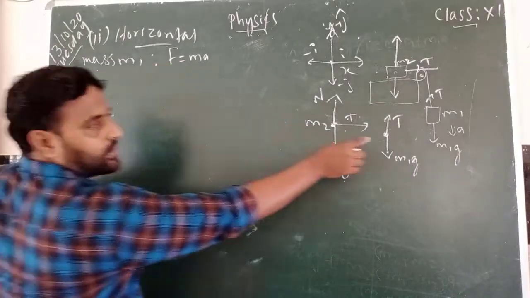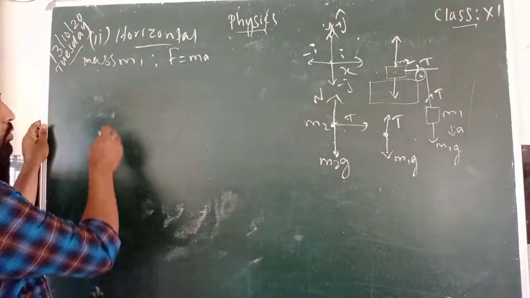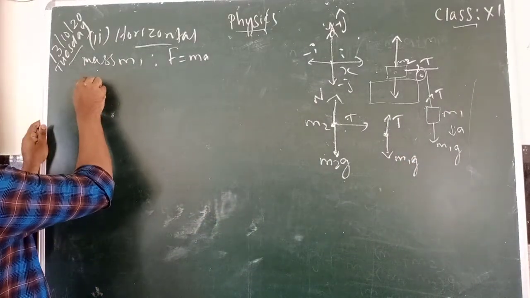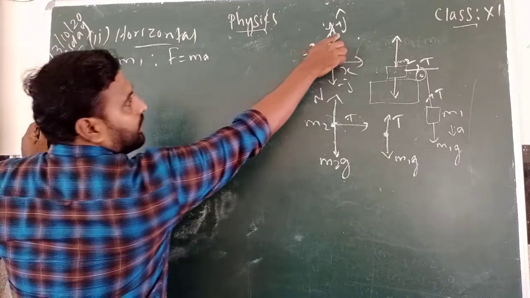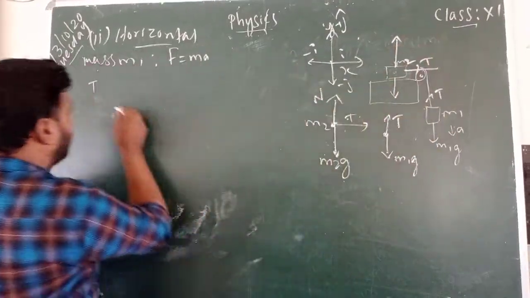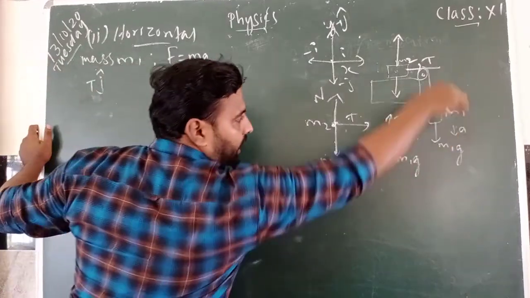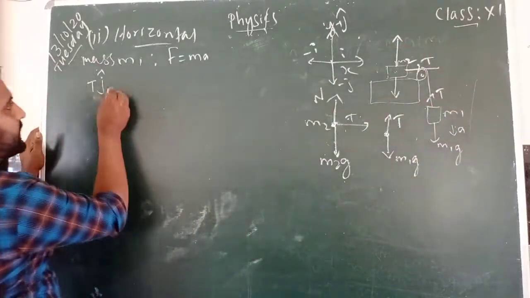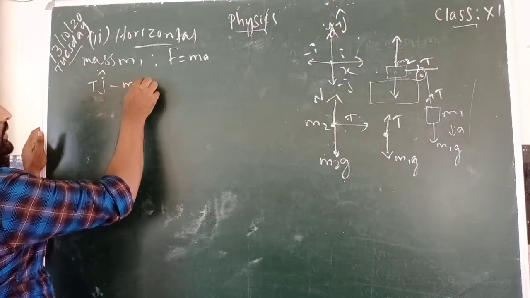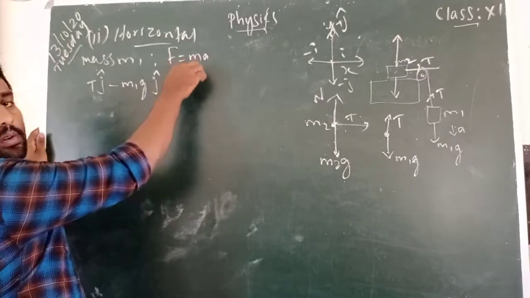Taking the forces on mass M1, upward tension is plus J, the unit vector. Downward is minus M1G, J unit vector, equal to Ma.